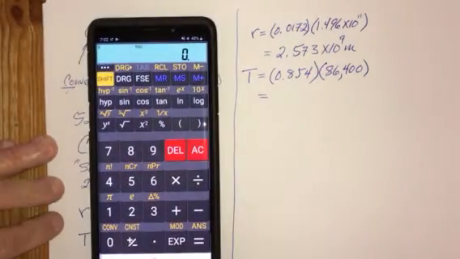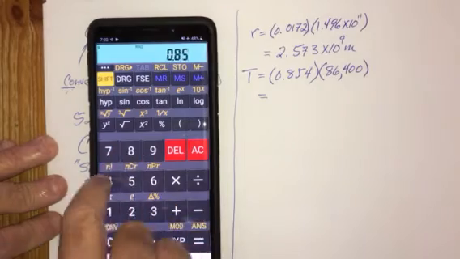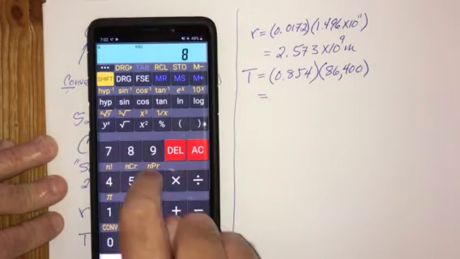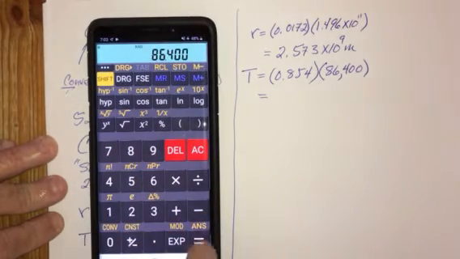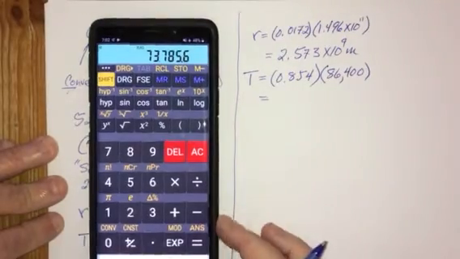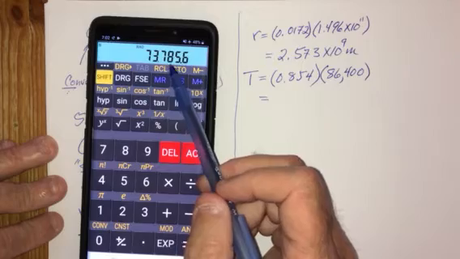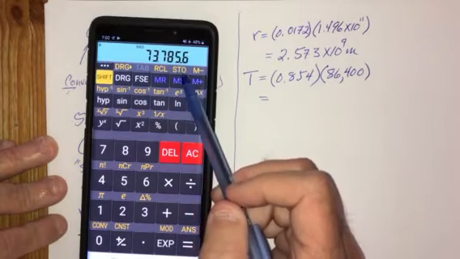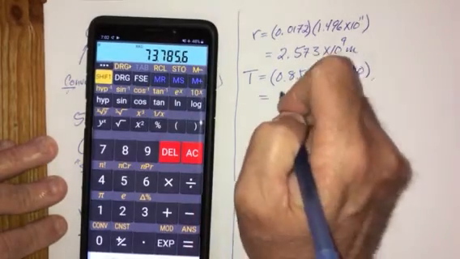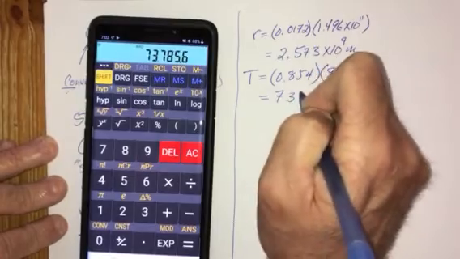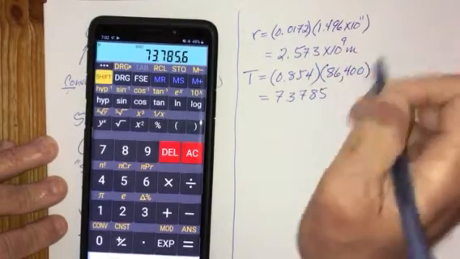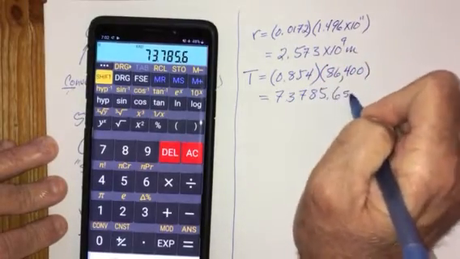So again, we'll do the calculation here, 0.854 multiplied by 86400. Okay, and we get this number, 73,785.6 seconds. And I suppose we can keep it that way.